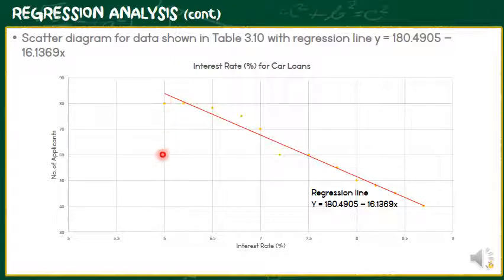Bila interest rate dia 6.5, lebih kurang 78. So that is scatter diagram. And then kita dah dapat tadi our regression line. Ini satu garis lurus. Saya lukiskan garis lurus tadi, regression line itu. And this is the best line to represent the relationship between the two variable.